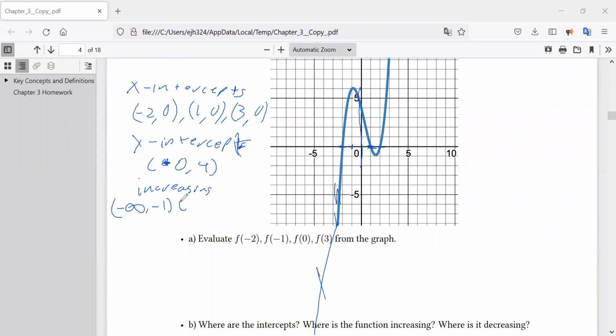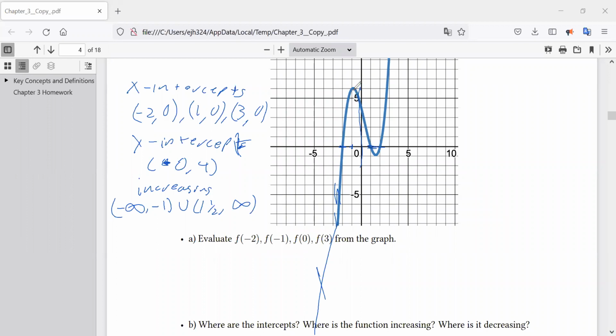Exactly. And then it starts increasing again over here, right? But is that 2 to infinity? Let's call it around 1.5. I'm not actually positive what the exact value is, but we'll say around 1.5, to infinity.